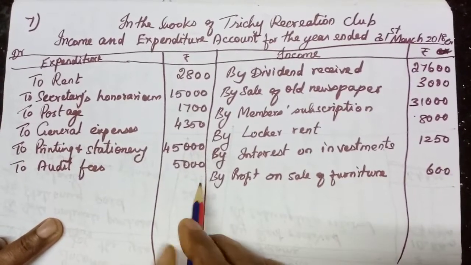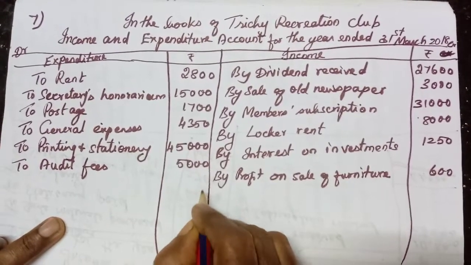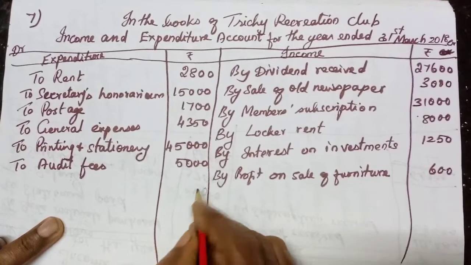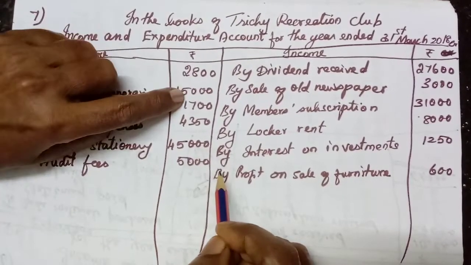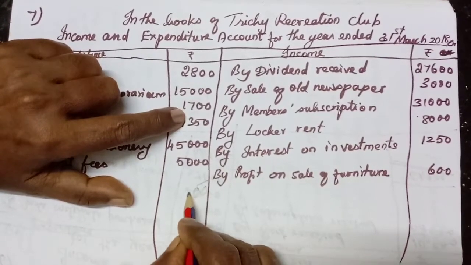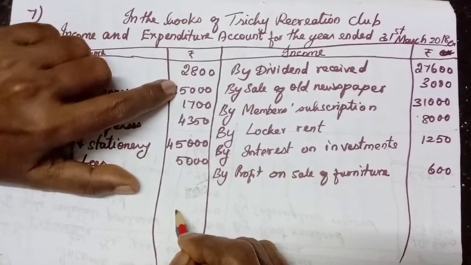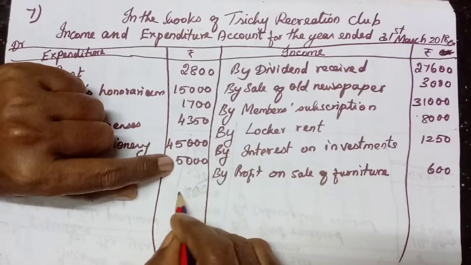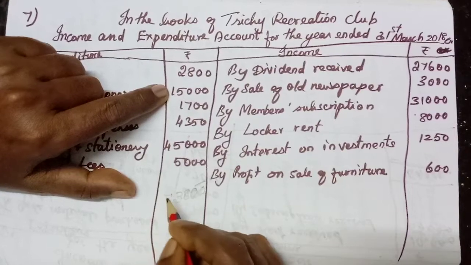Slowly we can write. Total 5, then 8 plus 7, 15, 18. Balance 1, 3, 8, 9, 13, 18, 23. Balance 2, 6 plus 1, 7.